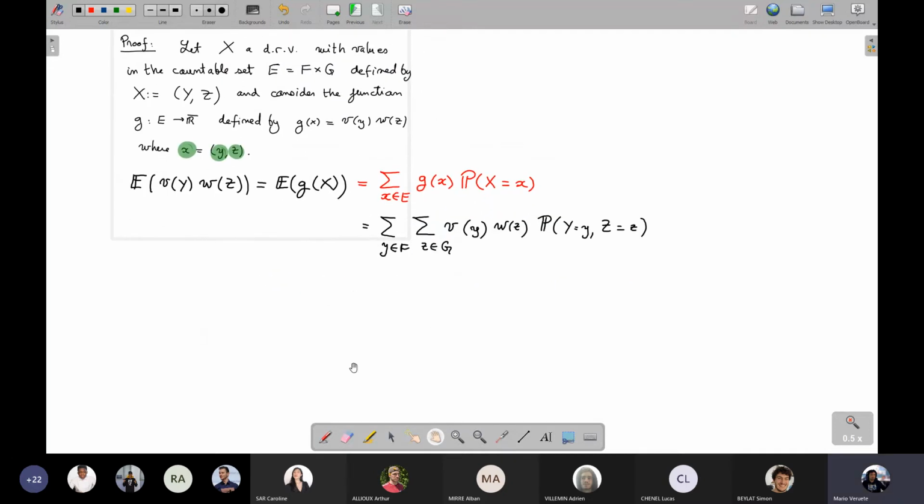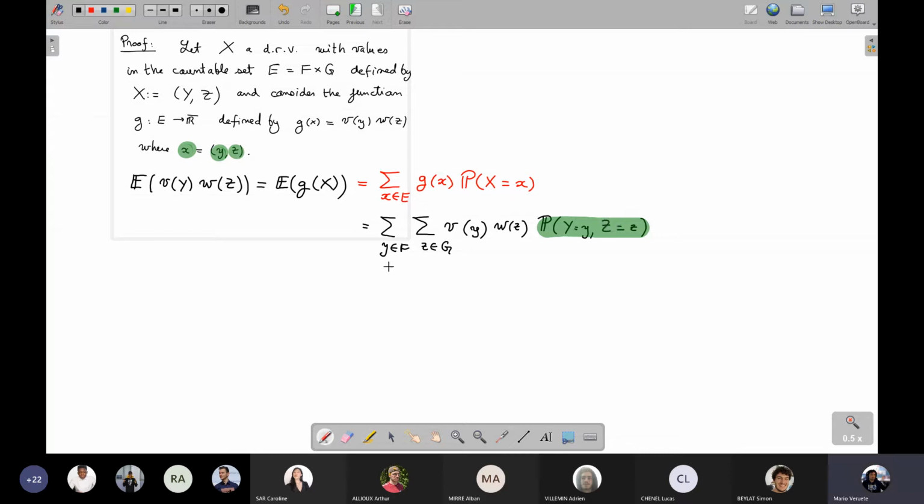This is just coming back to the notation. I suppose that the probability of the intersection is the product of the probabilities, because they are independent.